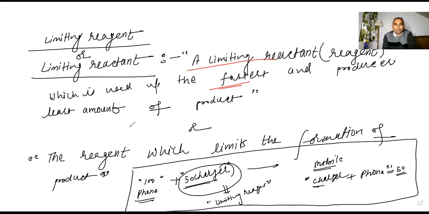Getting my point? Or it is the reagent which limits the formation of product, that is also the limiting reagent. The charger is limiting the product, so that is the limiting reagent. Is it okay?